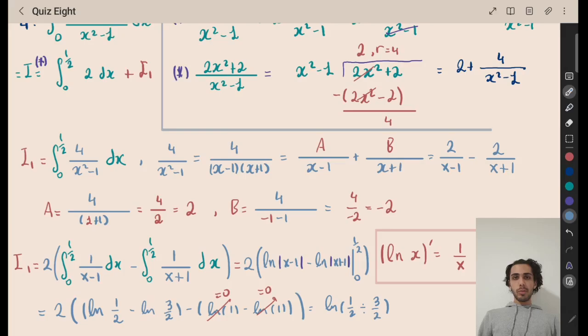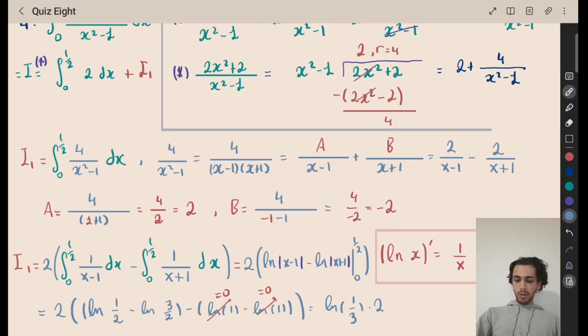And then if I divide this by 3 over 2, I'm multiplying by 2 over 3. Then this will be ln of 1 over 3. But then don't forget that we're multiplying by 2. And here I can do something that's a bit special. Or should I not do that?